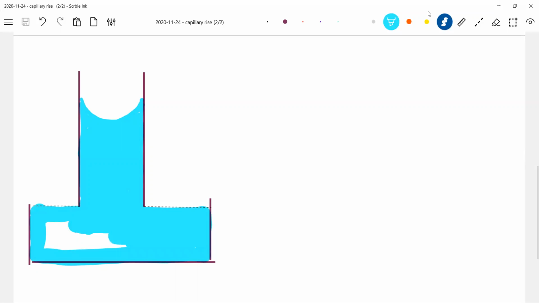Definitely I can say the force due to surface tension. This is the force due to surface tension. In the books we just show this as surface tension.